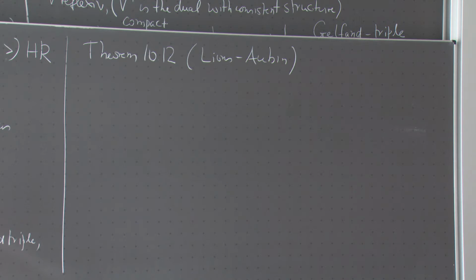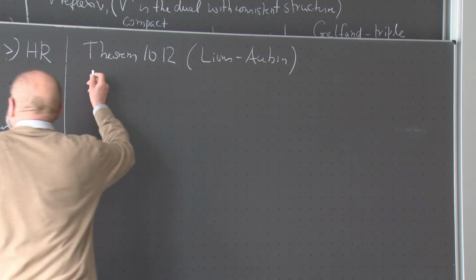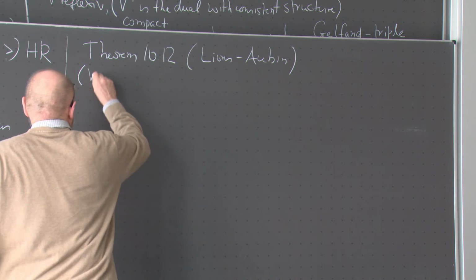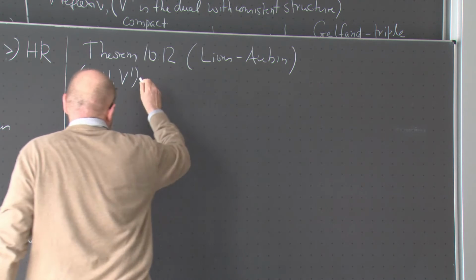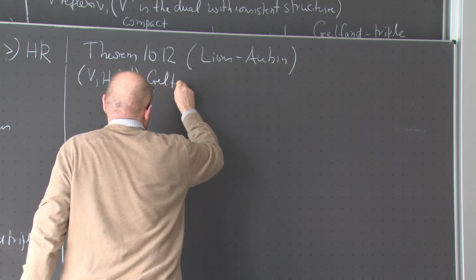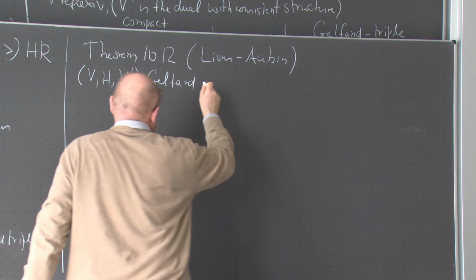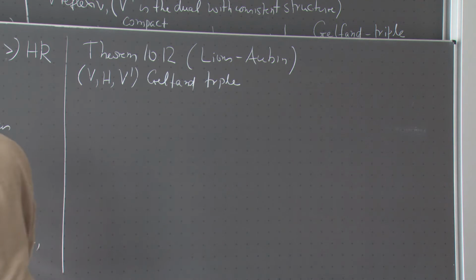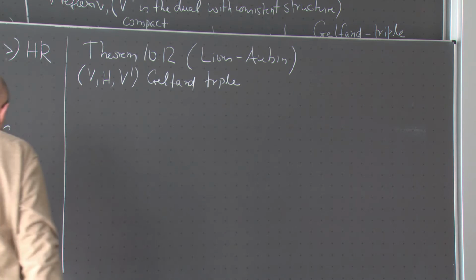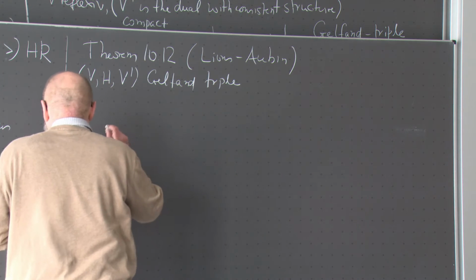We started already with our notion of the Gelfand triple, again Gelfand triple, with this very important requirement of compact embedding of V into H. The question is, how does this now transfer to time-dependent functions? And the assertion is the following.